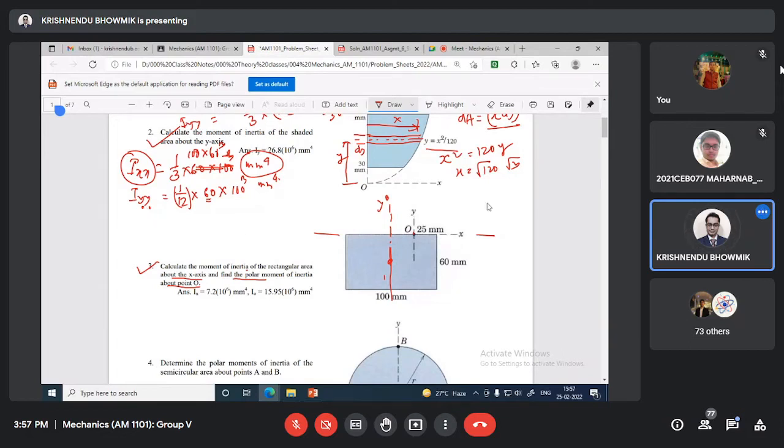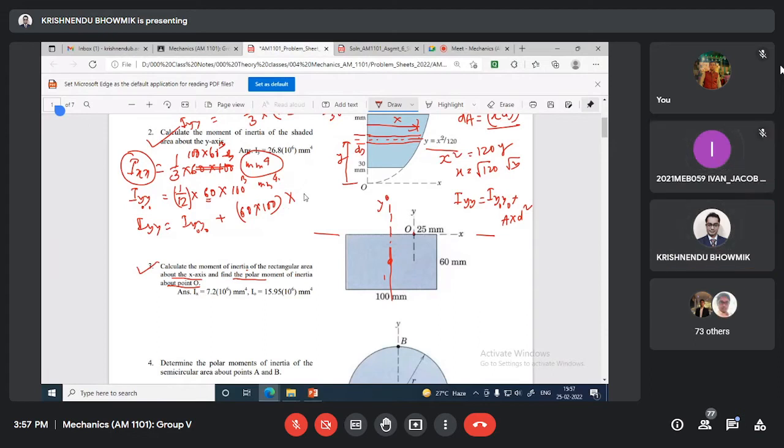Y0, Y0. And we also know that at the centroid we are getting the minimum value, and Iyy will be Iy0y0 plus A multiplied by distance squared. So Iyy will be Iy0y0 plus area 60 multiplied by 100 multiplied by the distance squared.